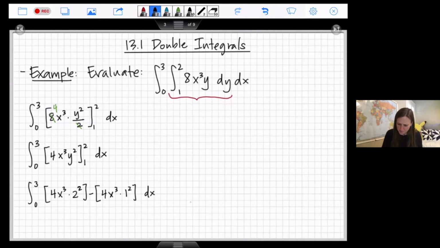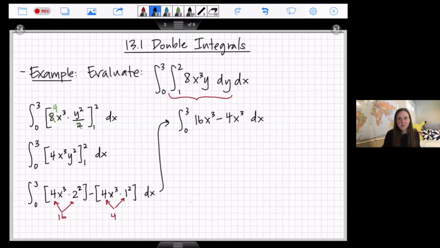All right, so let's see what we have left. This is a 4 times 4, that's going to give me 16, and then 4 times 1 will just give me a 4. So I've got the integral from 0 to 3, 16x cubed minus 4x cubed, which I can of course subtract and make into 12x cubed.